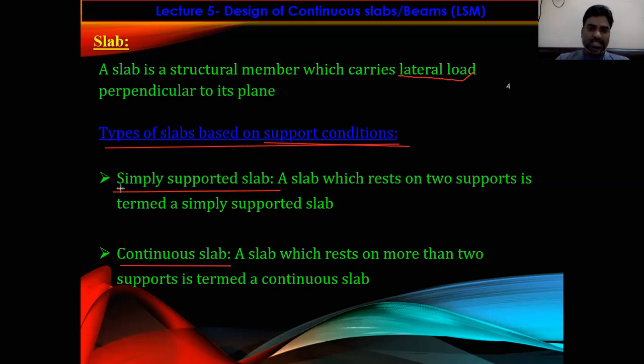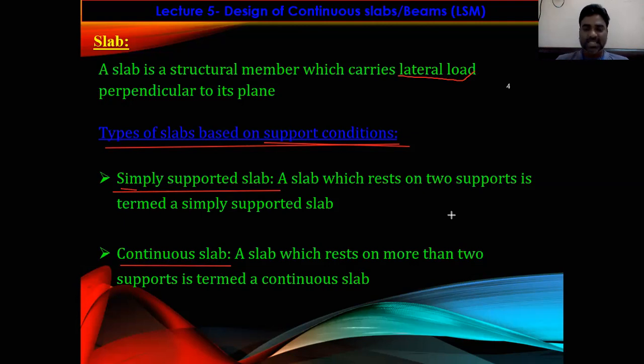A simply supported slab rests on two supports. If the slab is continuous over more than two supports, it is termed a continuous slab.